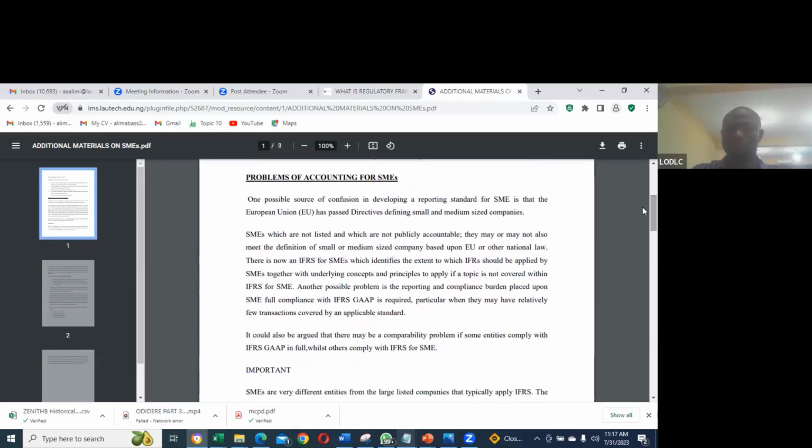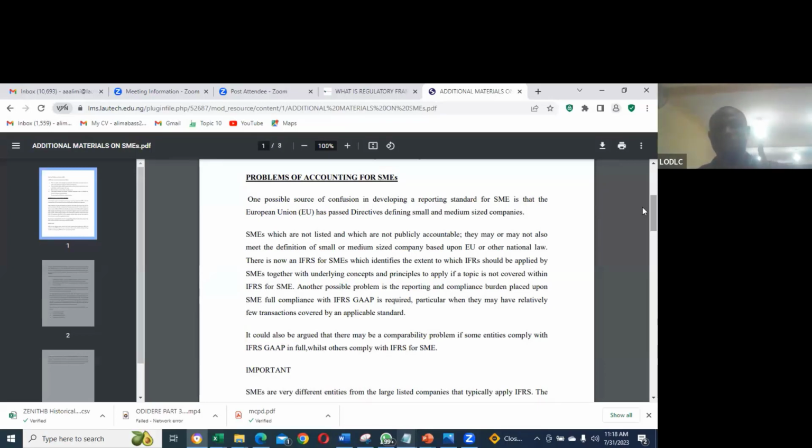So then another important thing here is what are the problems of accounting for SME? One possible source of confusion in developing a reporting standard for SME is that the European Union has passed directives defining small and medium-sized companies. SMEs which are not listed and not publicly accountable may or may not also meet the definition of small or medium-sized company based upon EU or other national law.